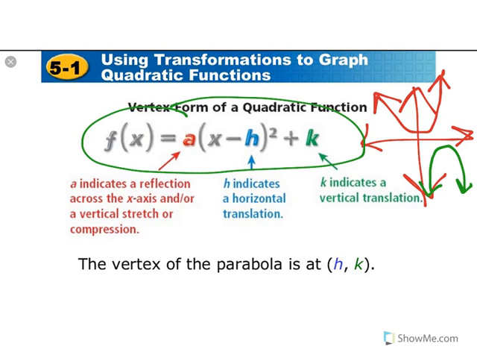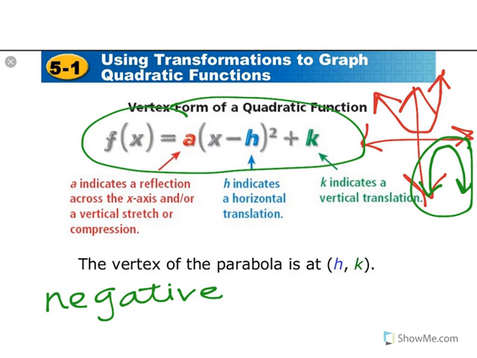So, as you can see, A indicates a reflection across the x or the vertical stretch or compression. If A is negative, then that means that your parabola is shifted downward, just like this green one over here. Negative means that it's reflected across the x.